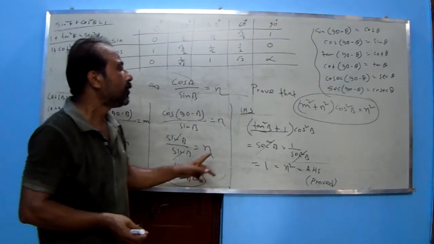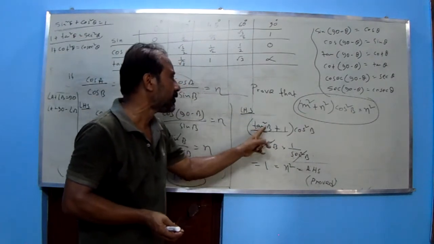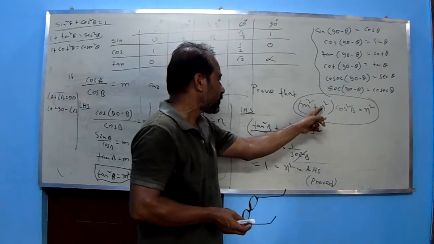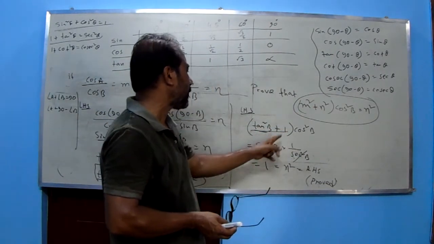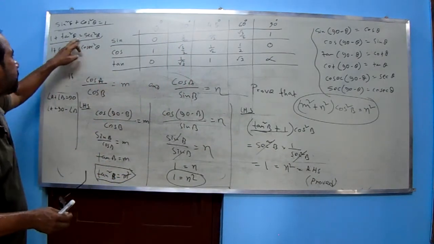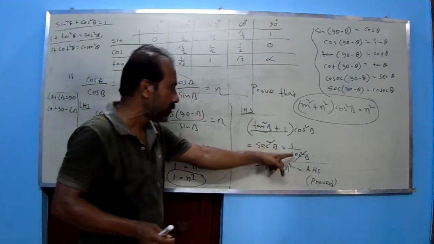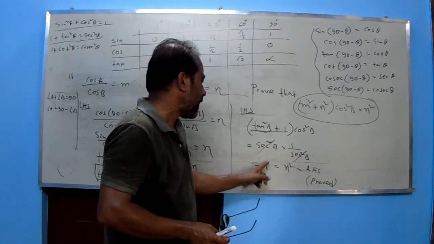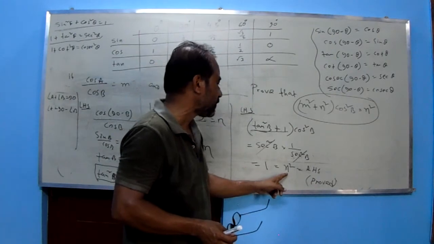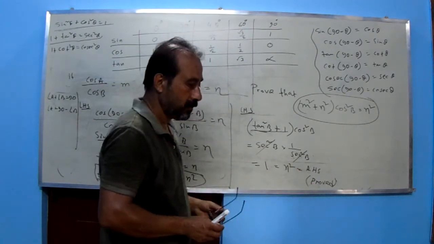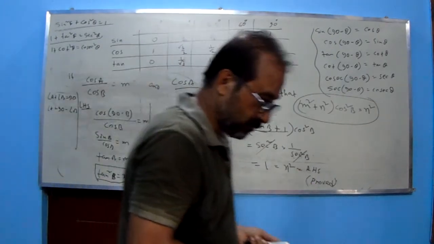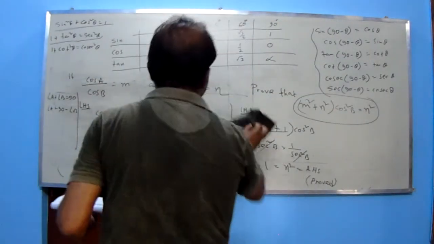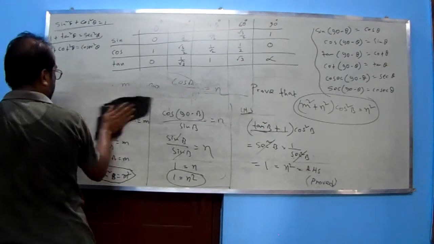In place of M square I write tan square B, and N square is 1, into cos square B. So 1 plus tan square, the formula, is sec square B, by cos square B shifted as 1 by sec square B, it will cancel and come as 1. So N square means it is 1.